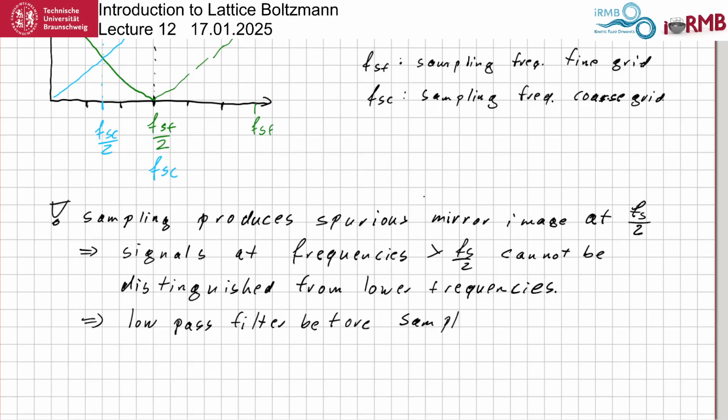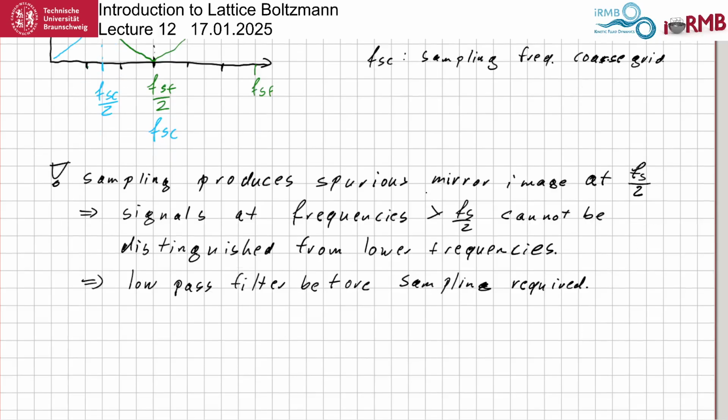So this is a solution to the problem. You said, okay, I don't need interpolation, then you produce a problem, and then you use an expensive solution to fix this, because a low-pass filter is at least as complicated as doing interpolation. So you don't win anything by this.